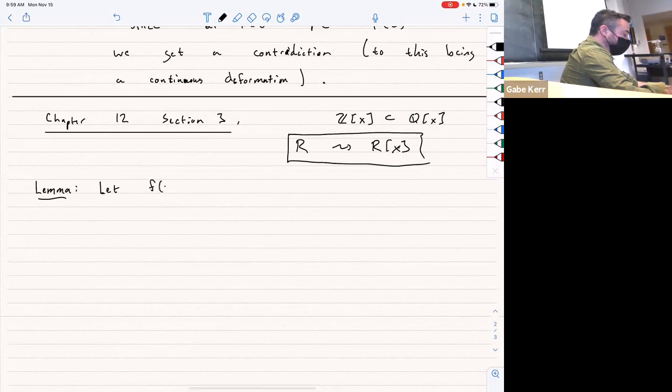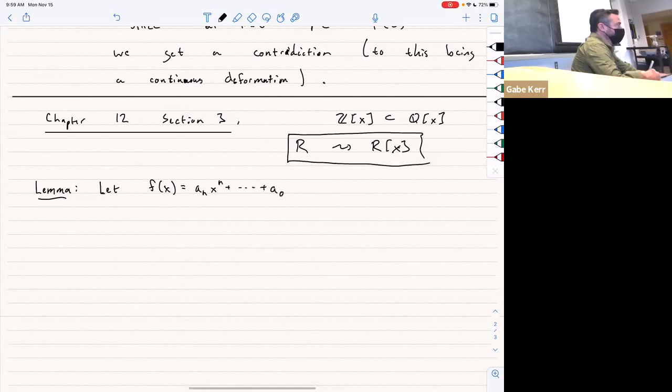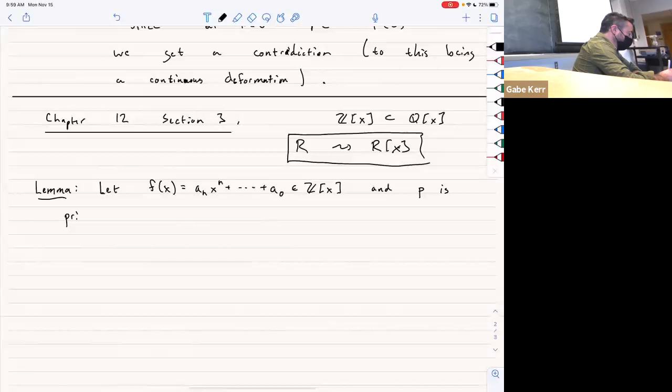Let's suppose I have some polynomial f(x), and I'll write it out, with integer coefficients, and let's suppose that p is a prime. The following are equivalent.